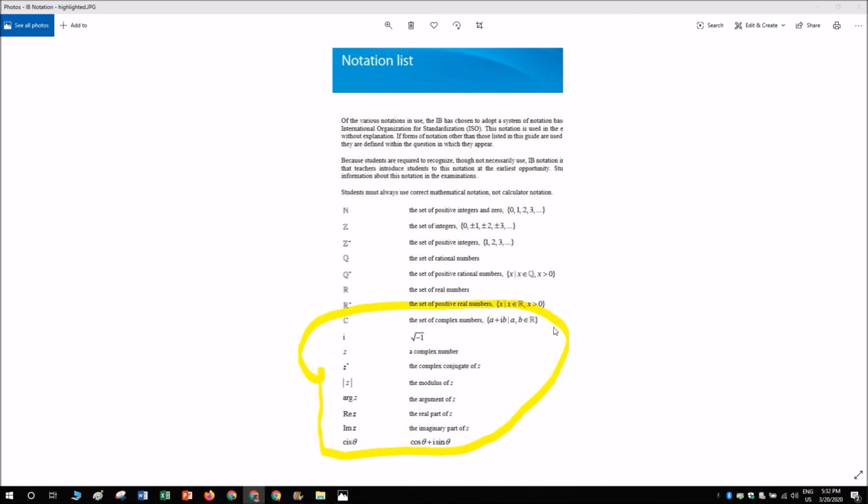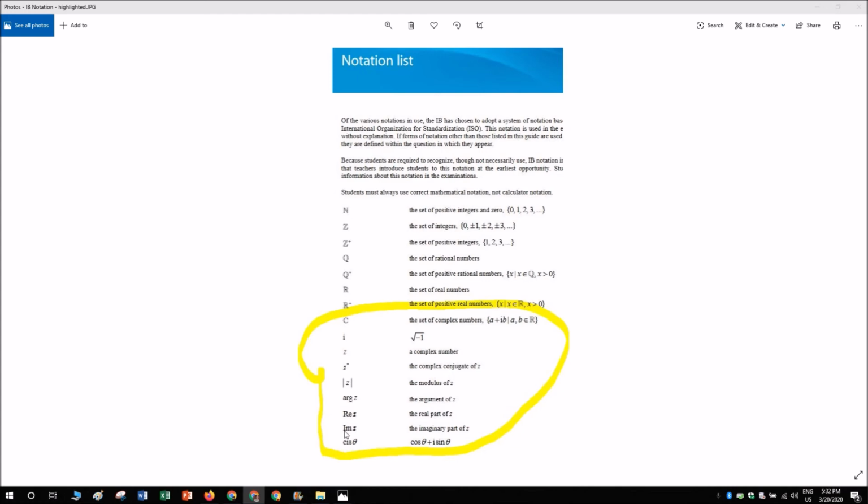In the notation list here, I've highlighted the section of the list that deals with complex numbers. Although notice for a second real quick, there's our chalkboard bold R with the plus sign, right? So that's telling us that it's the set of positive real numbers. So that's just what we talked about a second ago. But here are all our complex number things. And what we're going to talk about right now are these four: modulus z, arg z, re z, im z.